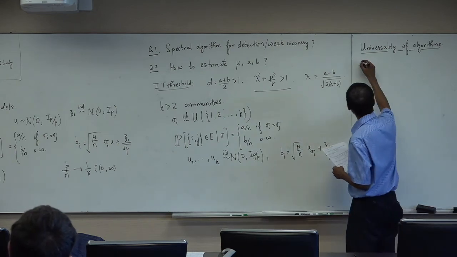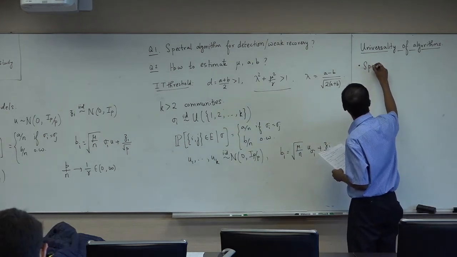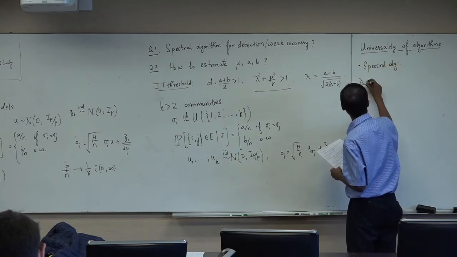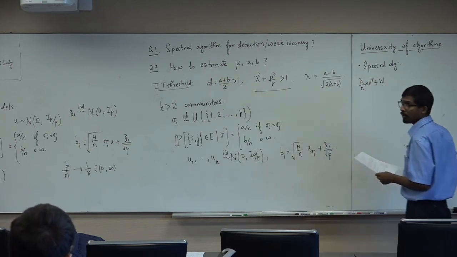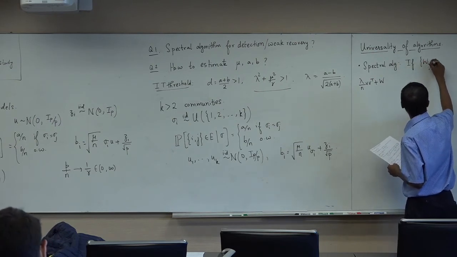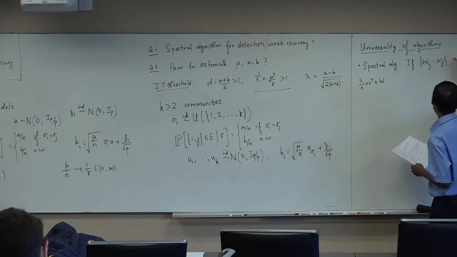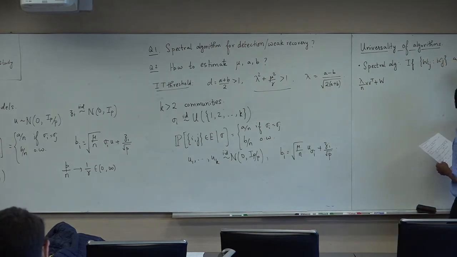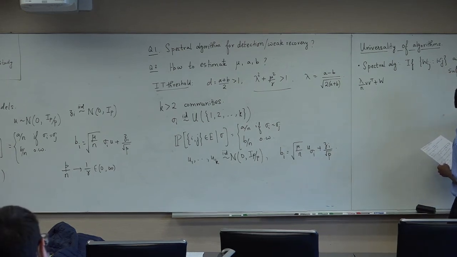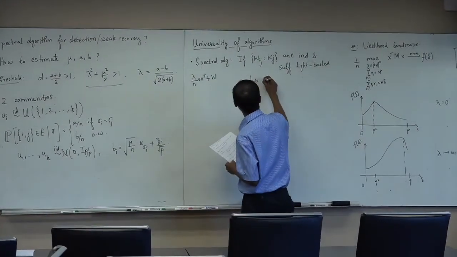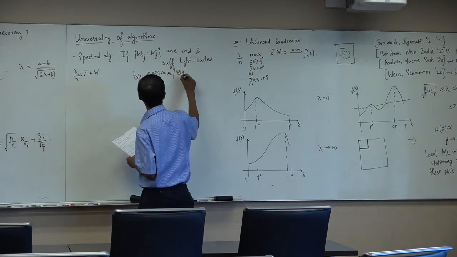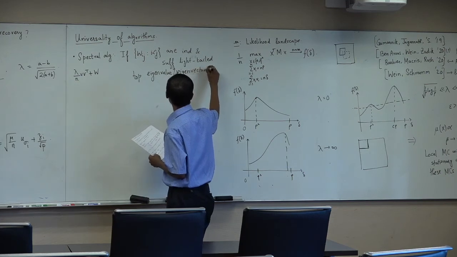For example, in the context of spectral algorithms, let's say in these spiked matrix kind of models, it's well known that if the entries Wij are independent and sufficiently light-tailed, then the top eigenvalue and eigenvector have the same behavior.